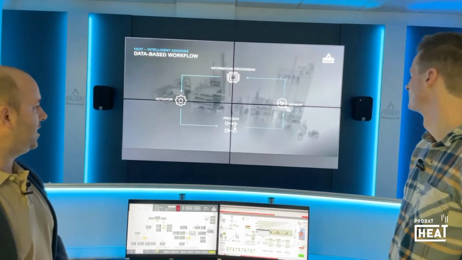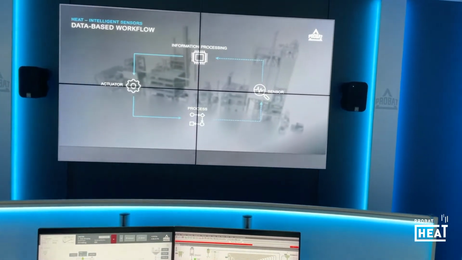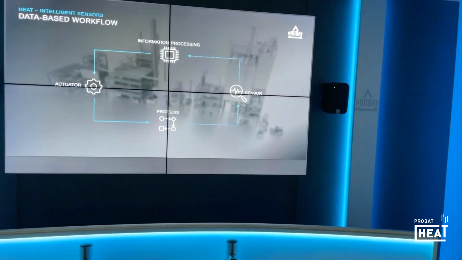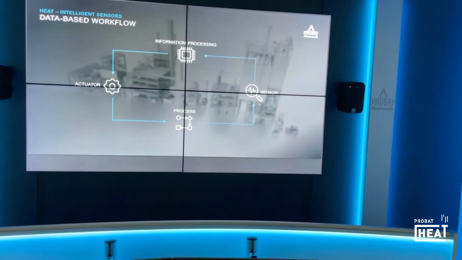Yes, indeed. So, Julian, maybe we can give it a better scope to understand what we are doing today. Sure. Let's talk about the data workflow, so where the data comes from, how it is processed, and what we are doing with this data. In the first step we have a sensor, and the sensor is measuring the relevant data and gives it to, let's call it, an information processing device.